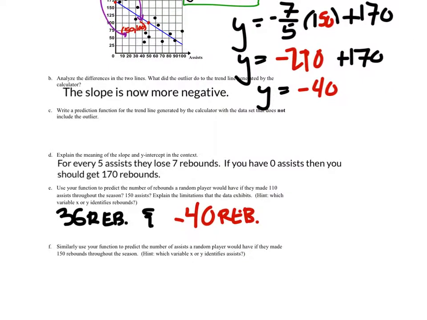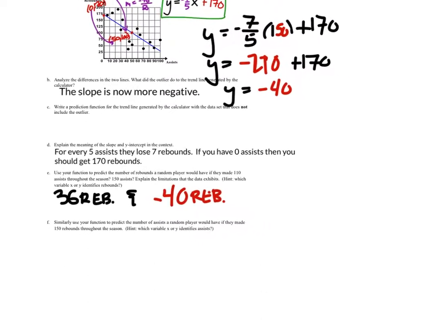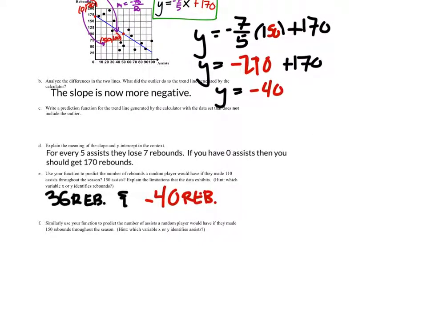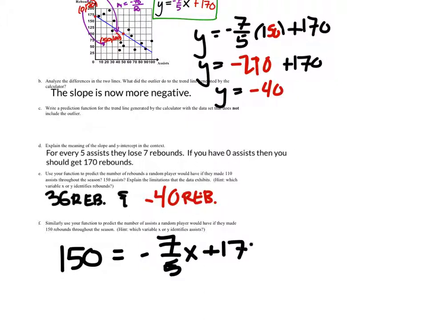Similarly, use the function to predict the number of assists a player would get for 150 rebounds. Alright, so 150 rebounds should equal negative 7/5 x plus 170. So if I subtract 170 from both sides, I get negative 20.